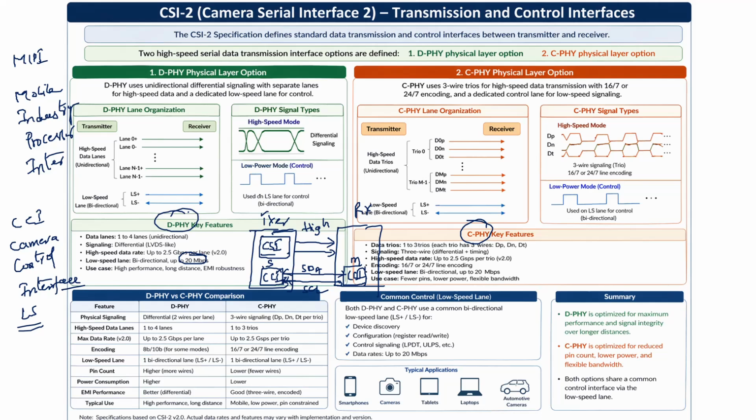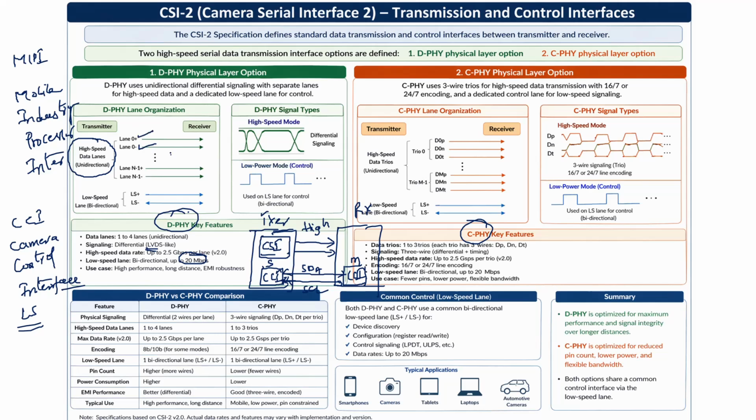In the D-PHY lane, the CSI part is unidirectional. From the transmitter side to the receiver side, it transmits the information unidirectionally. That has differential lanes. Those differential lanes are called low power, low voltage differential lanes. Okay, so these low voltage differential lanes have either positive or negative.